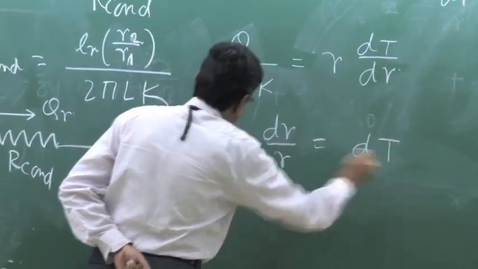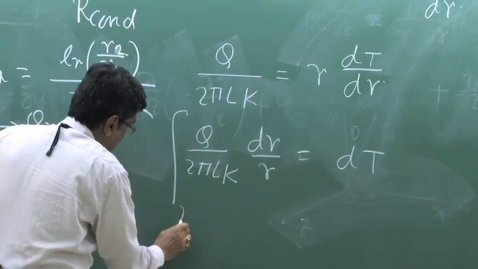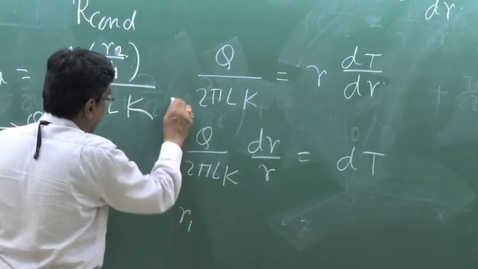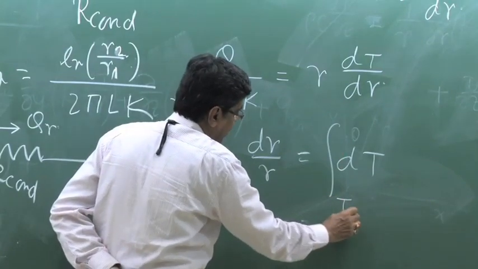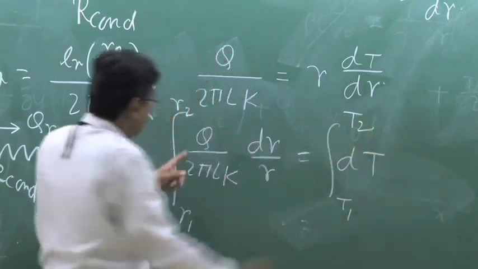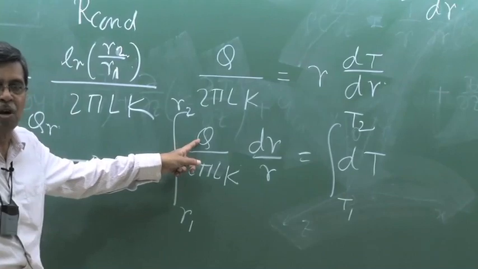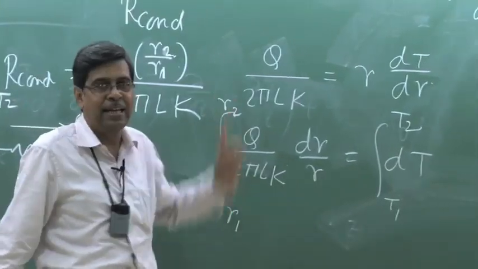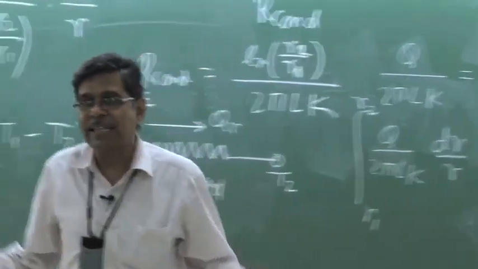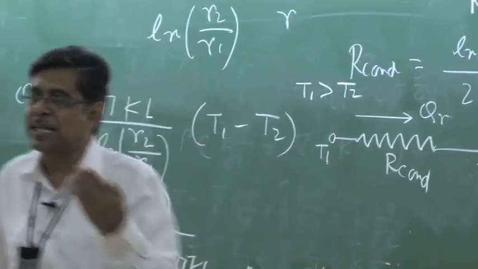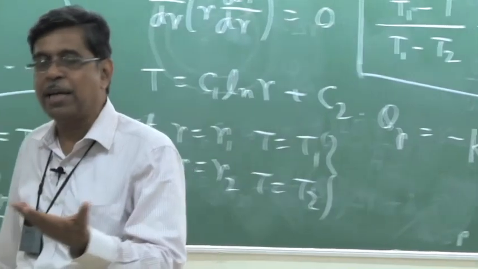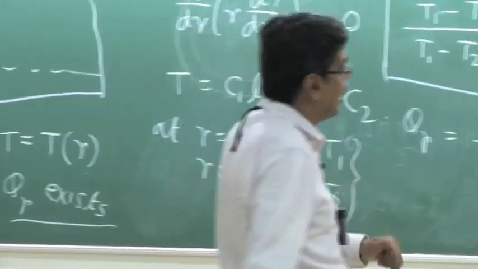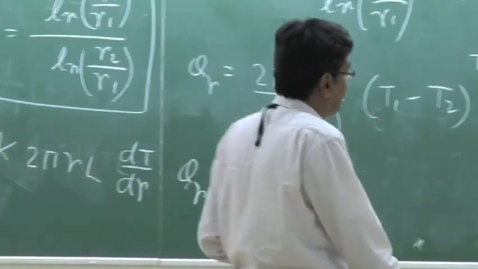Now if I integrate this from R1 to R2, inner to outer, and the variable T from T1 to T2, with the consideration that Q is constant, not varying in the radial direction, because for steady state heat transfer without heat generation the same heat has to pass through each and every cross section. In a similar way, I told you, it can also be done for the plane wall. So in many books it is done like that.